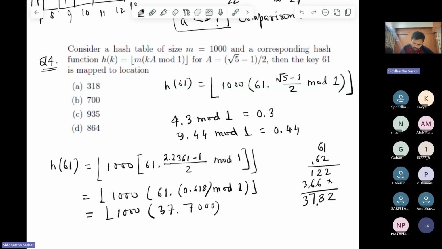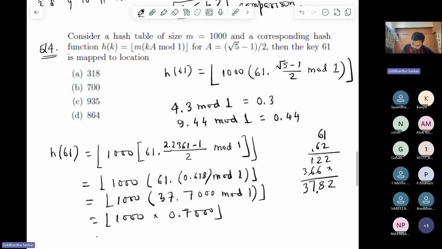So that is the reason. So take mod. So we just take that decimal part, 0.7000. Now you multiply it with 1000. So you get 700. Yeah, so by hand, if you don't have access to a calculator, it's slightly time consuming.